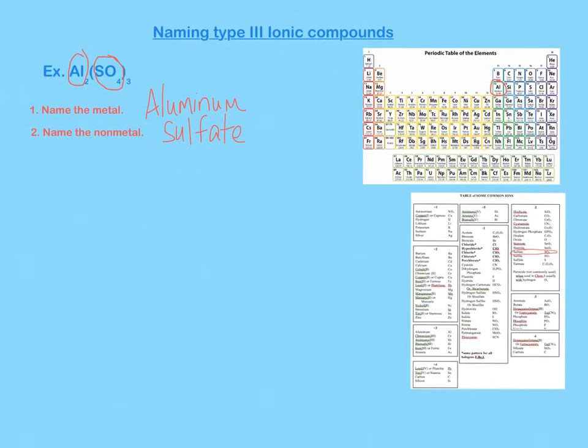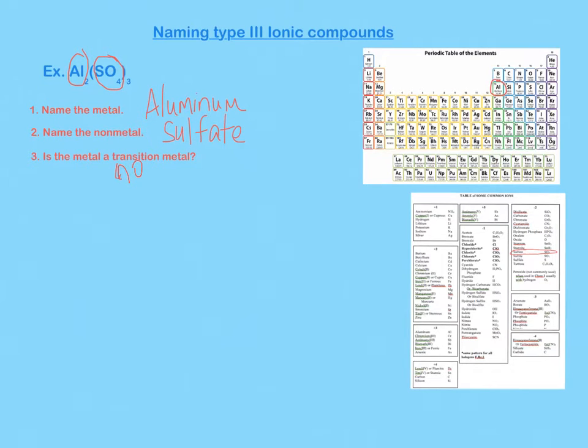So I've named the metal and I've named the nonmetal. The next thing I need to do is just check real quick if my metal is a transition metal. So when I look at aluminum, I see that aluminum's in group 13. It is not in the transition metals section, so the answer for this would be no.